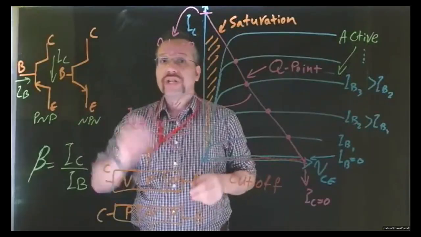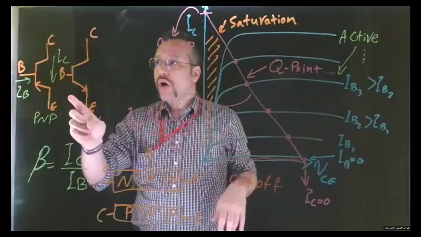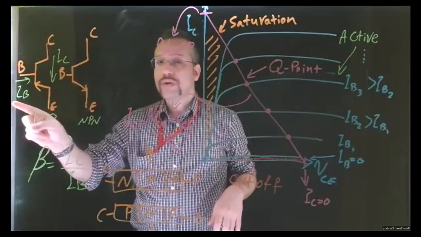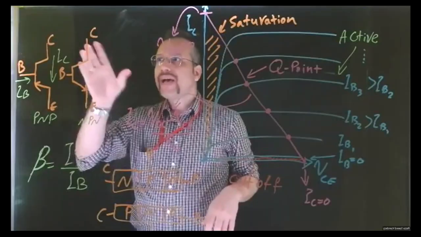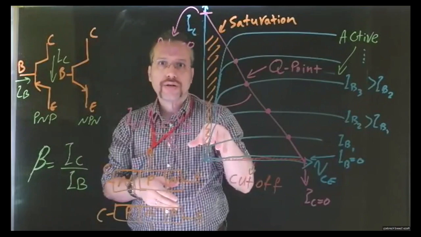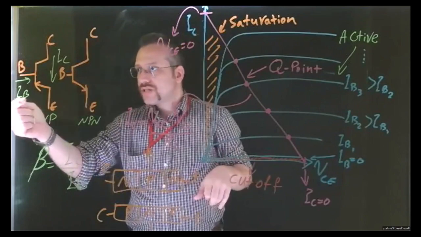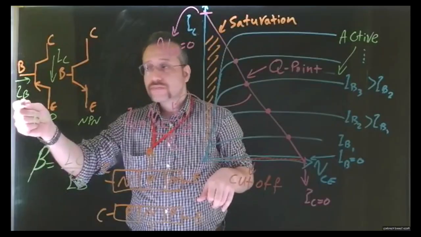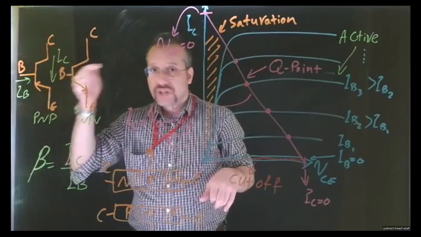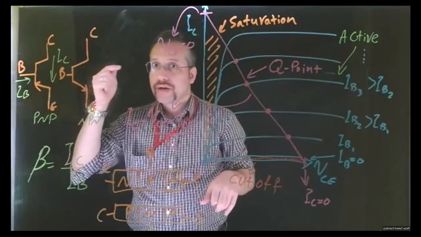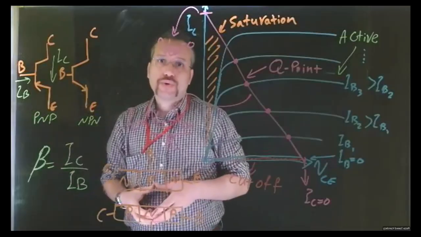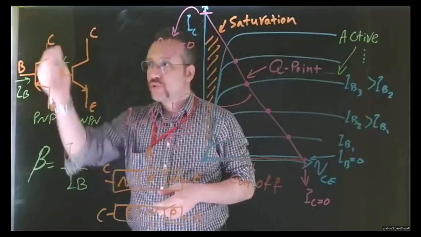The BJT is not like that. The current passing through the BJT is a function of the current that we inject into the base. It doesn't matter what the voltages and resistors are or what's happening in the circuit. When you inject a specific amount of current in the base, the transistor defines how much current is passing through that line and that switch.